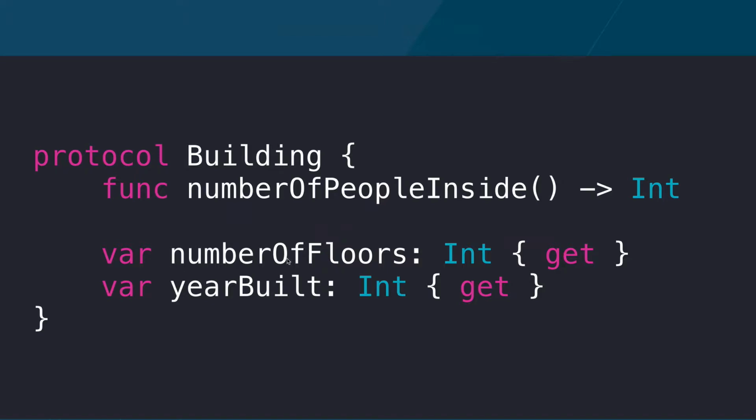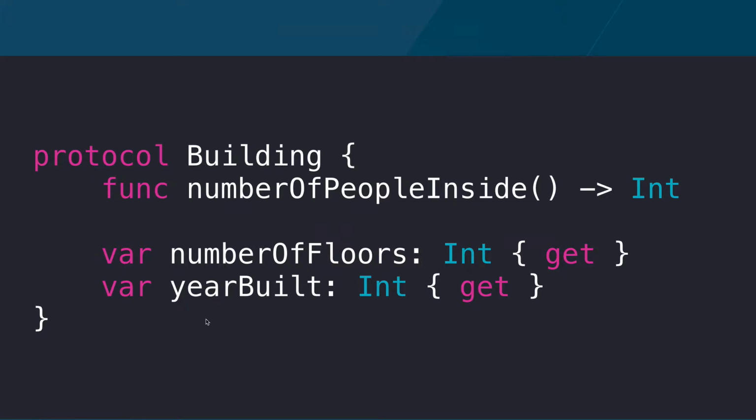For example, maybe it needs to know how many floors we have, and our app needs to know what year it was built. So then we could make a data type like a struct or a class that conforms to this protocol. We're going to talk about conformance in a while, but basically what it means is we're making sure that the thing that is going to use this protocol actually has this function and these properties.